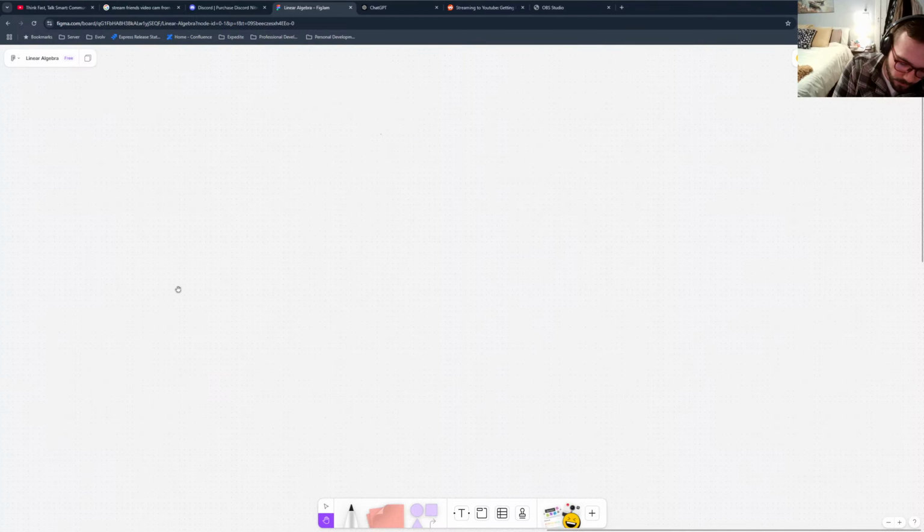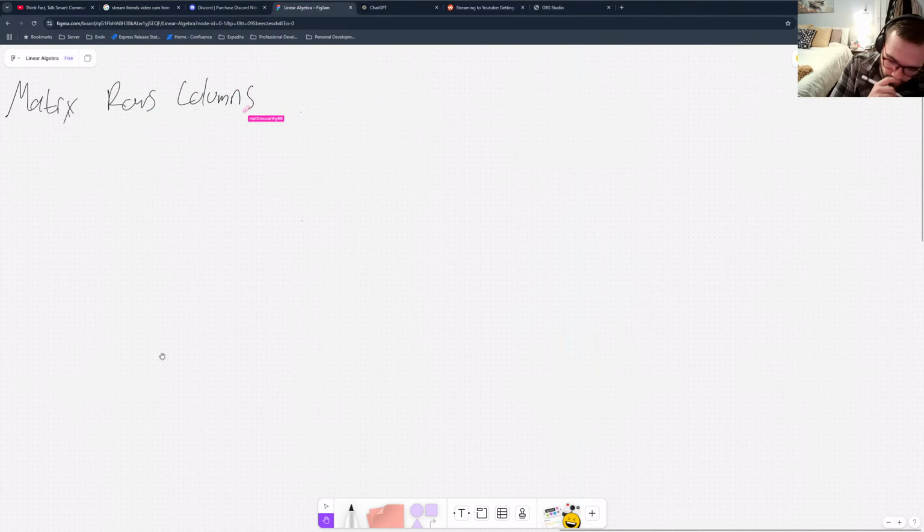So a matrix is a set of rows and columns, right? And usually we denote matrices with capital letters so that we know that we're talking about matrices.